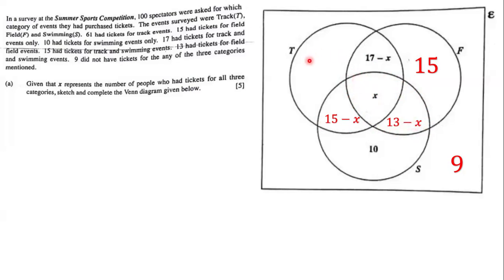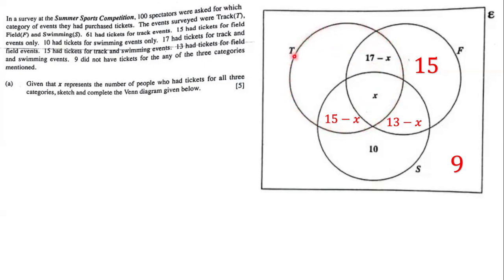Now, how about track only? It says 61 had tickets for track events. And so this whole circle right here is 61. That means this part, this part, this part, and this part, all together, must have 61.